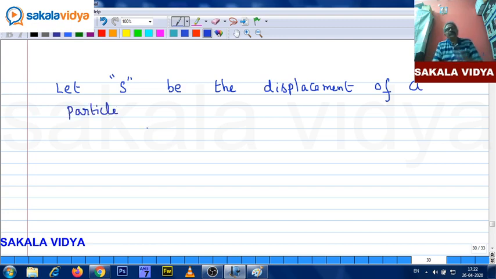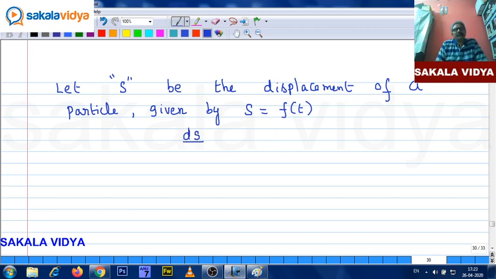That means the displacement is a function of time, given by S is equal to f of t. So the displacement changes with respect to time only. Displacement is a function of time. As t changes, the displacement also changes. So, if you differentiate with respect to time, you get ds by dt.